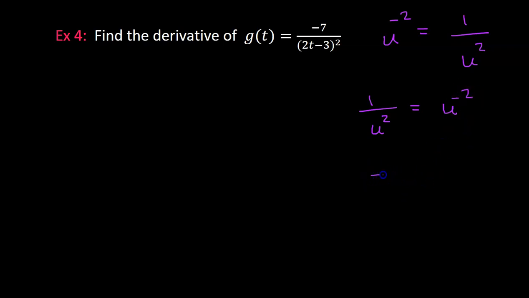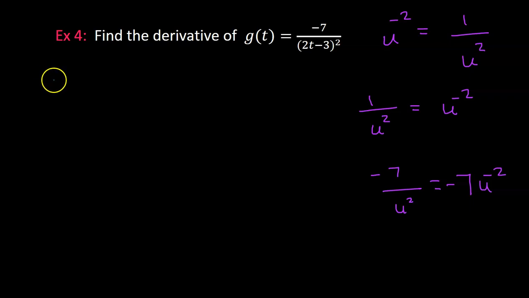If I gave you negative 7 over u squared, this would be the same thing as negative 7 u to the negative 2 power. Now, that's exactly what we have in this function. We have negative 7 over something squared. I'm going to rewrite it as negative 7 times something to the negative 2 power.